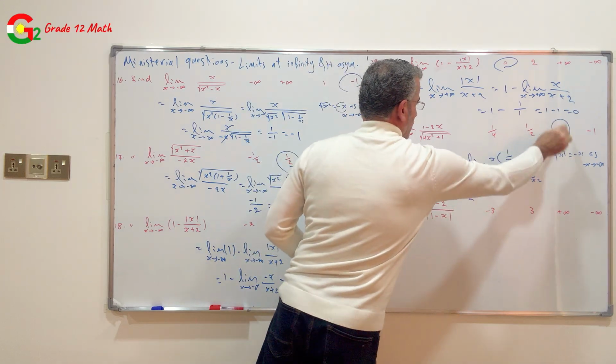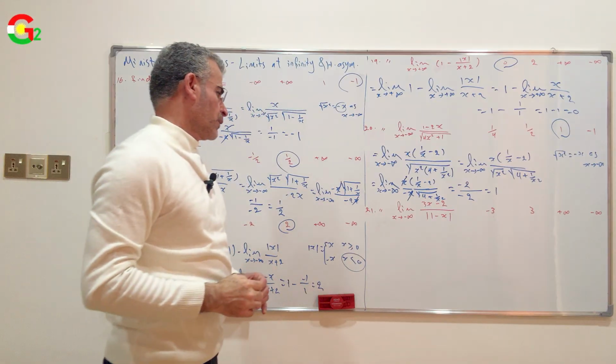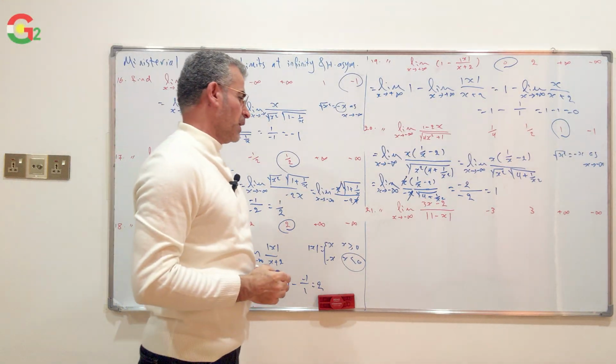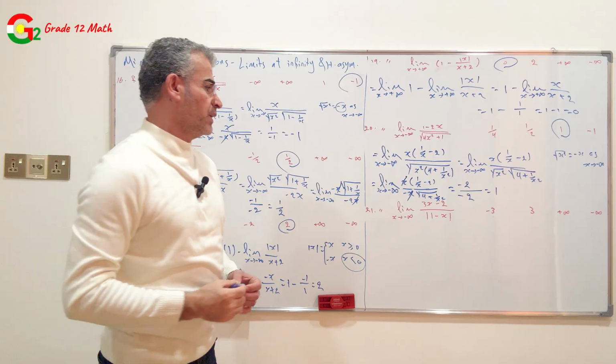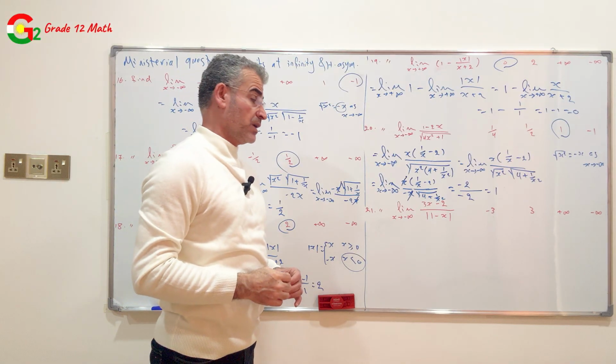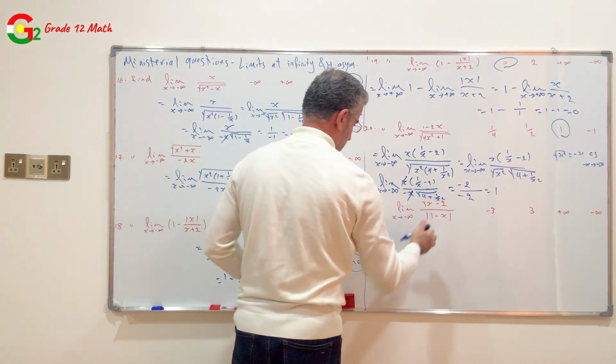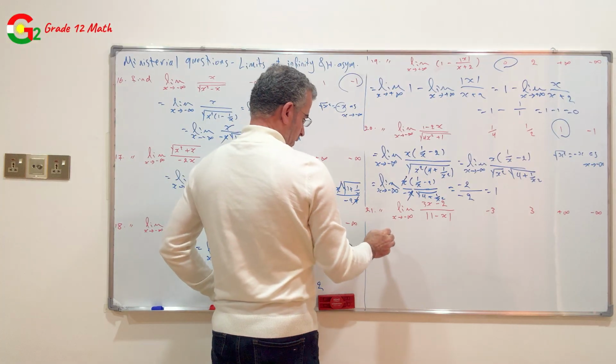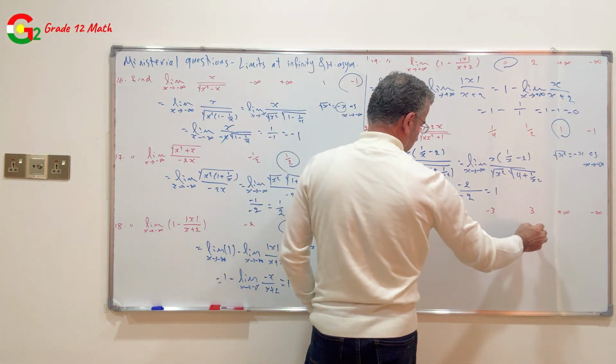Choice C. Question number 21. Find the limit when x approaches negative infinity of 3x minus 2 over absolute value of 1 minus x. To find this limit, we need to remove the absolute value.